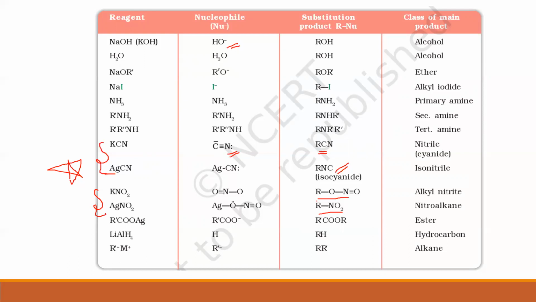Why will KCN give a cyanide while AgCN give an isocyanide? Clear? It's available in your textbook. I want you to explore that, find out what's the answer, and take it as homework. So this is the second homework for today.